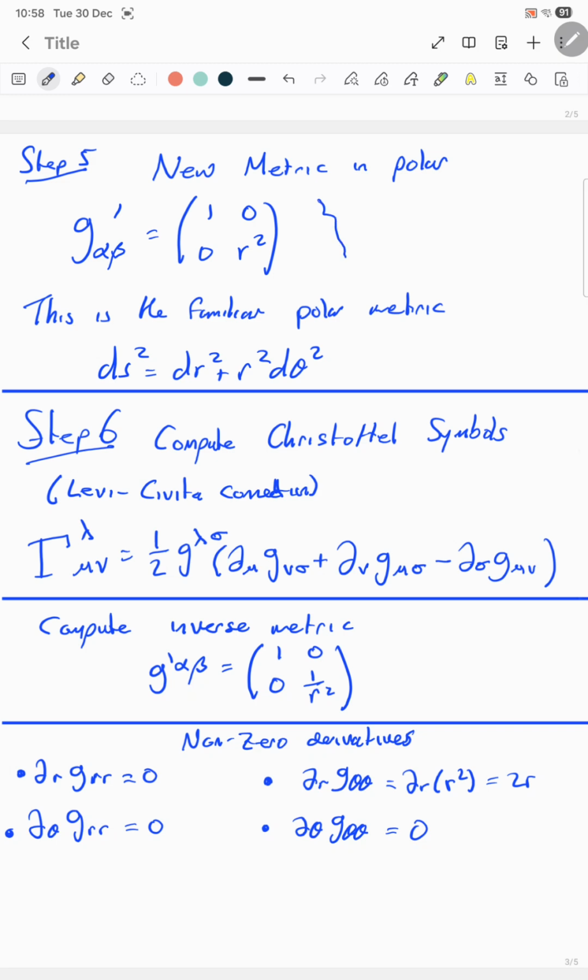And now step 5, this is our new metric in polar coordinates. This is the familiar polar metric given here. Now with step 6, we compute the Christoffel symbols, the Levi-Civita connection.